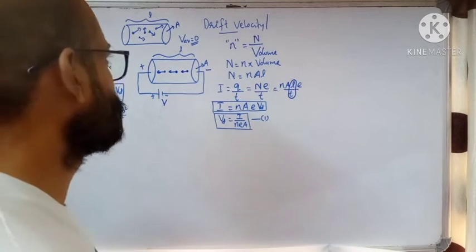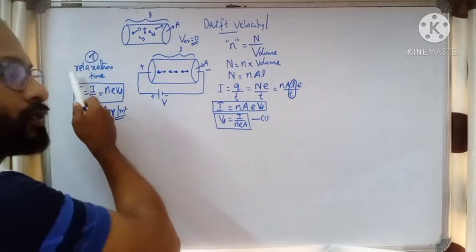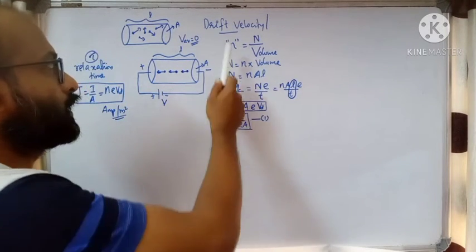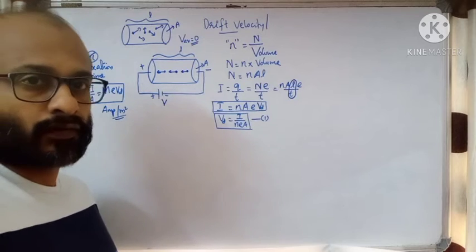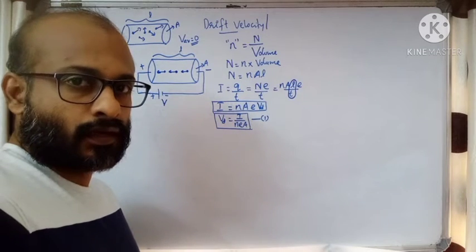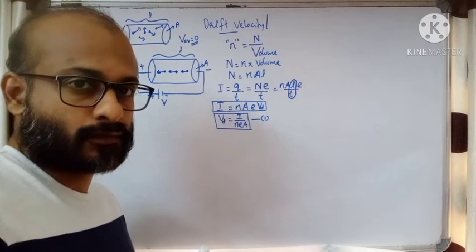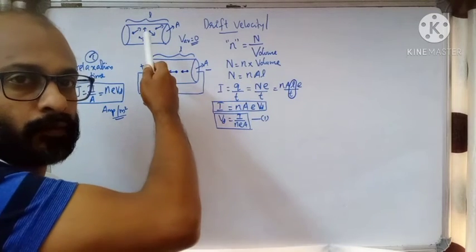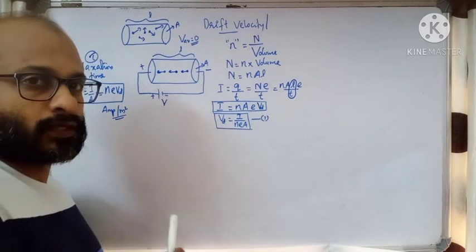Now we know that this is the relaxation time, the average time interval. Drift velocity is the average velocity attained by the electrons after repeated collisions. Initially the average velocity was 0 because electrons are randomly moving in the absence of a potential difference.